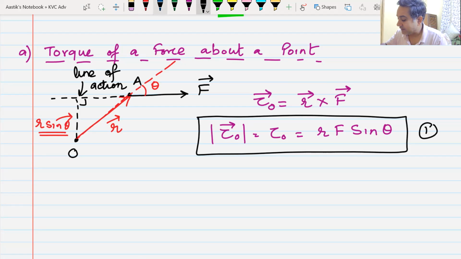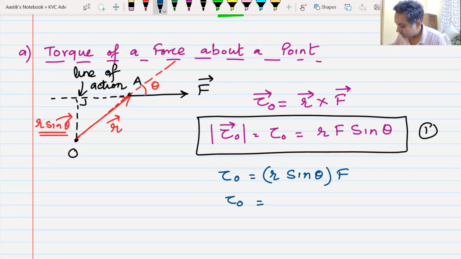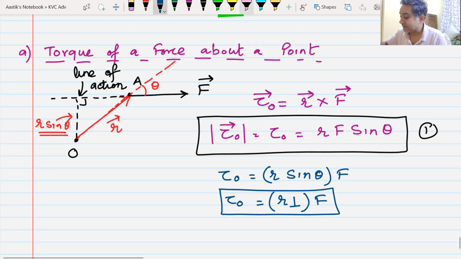So I can write this torque in a different way. I can write this torque tau naught as R sine theta multiplied by F. Or I can write this tau naught as R perpendicular, the perpendicular distance between the point and the line of action, multiplied by F. So this is the second way of writing the same thing.